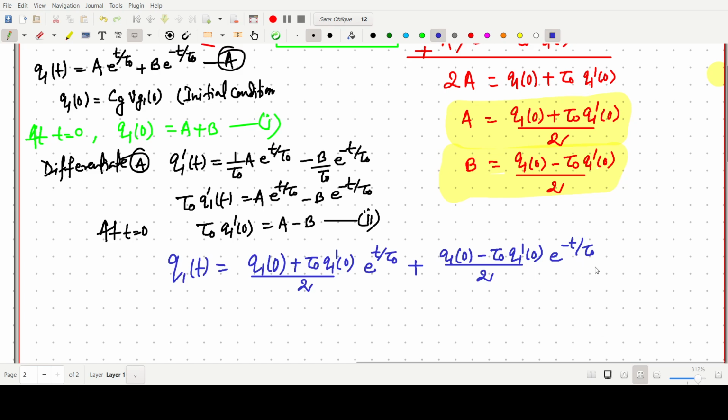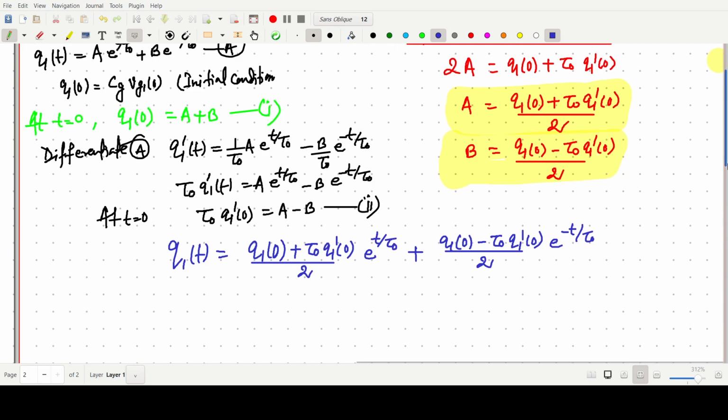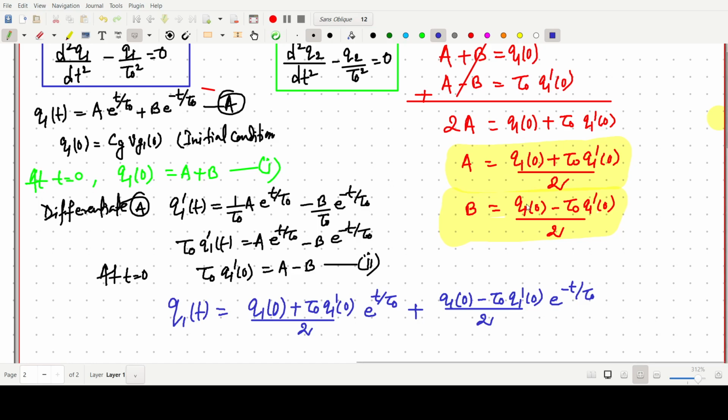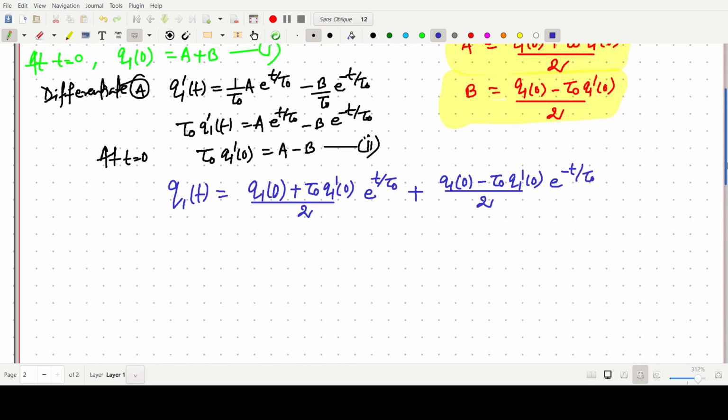Okay, this one clear. So similarly if we go for the second one, Q2, we can write an expression for Q2. Okay, Q1 is there like this.